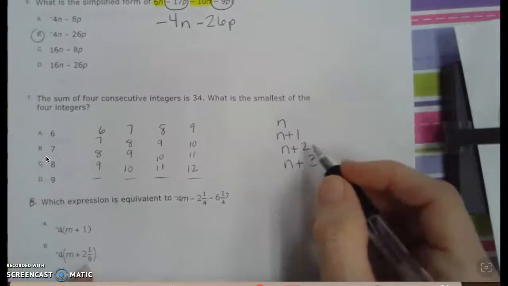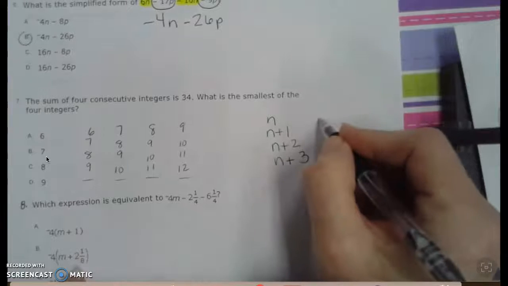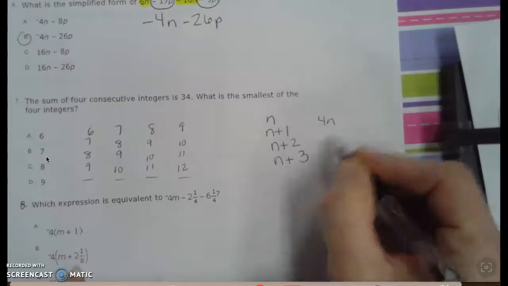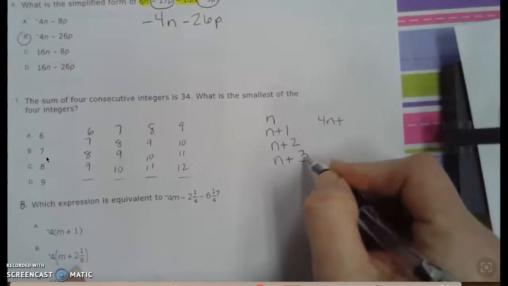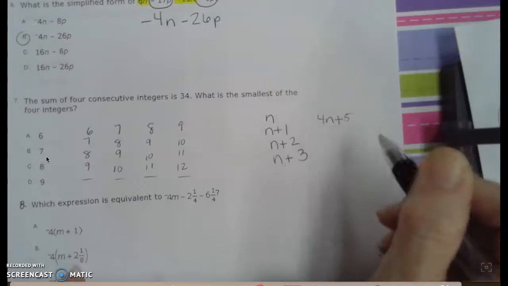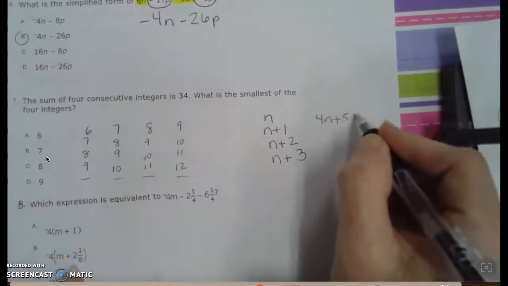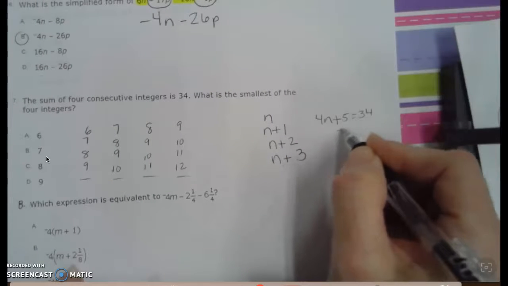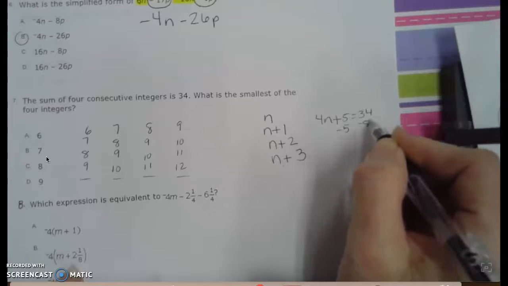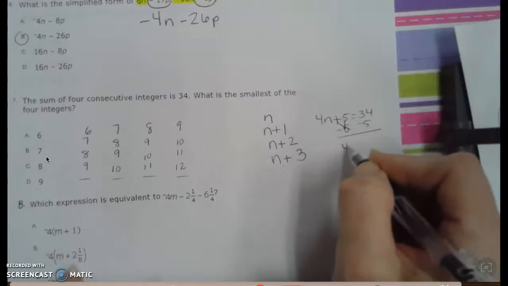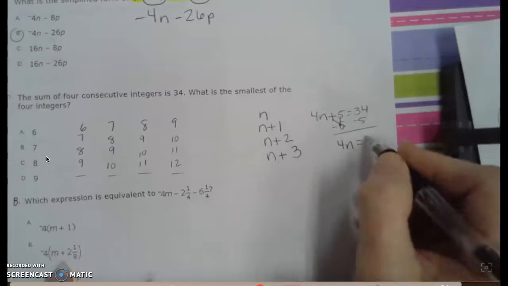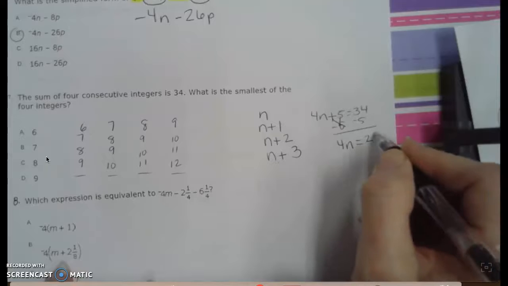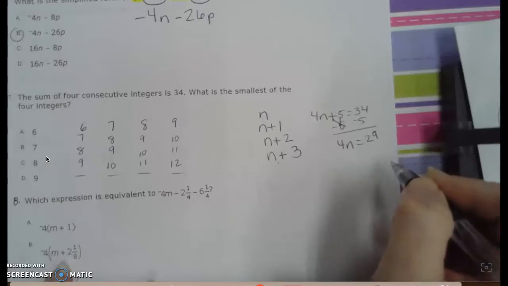So when I look at this, I've got 4n plus, that is 5. And it says it equals 34. So subtract 5, and that's going to be 29. I think I've done something wrong.